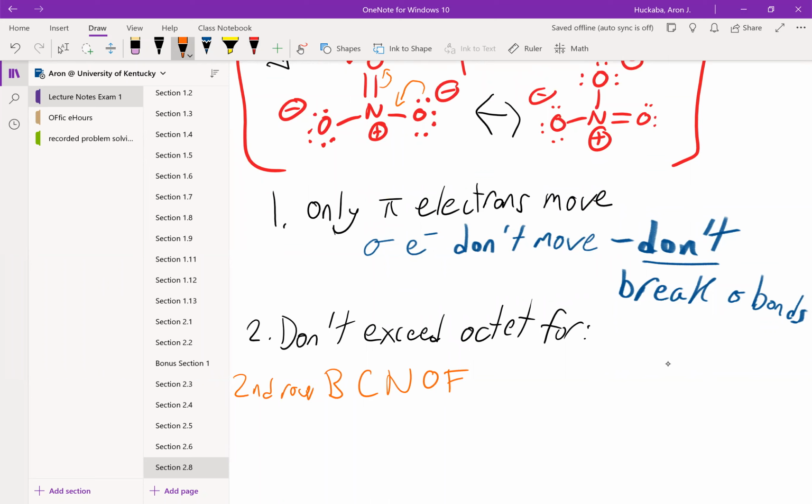So don't exceed the octet, which means they must, at the most, have 8 electrons. And if they have more than 8, then you're in trouble. And that's when you know you have a bad resonance form.